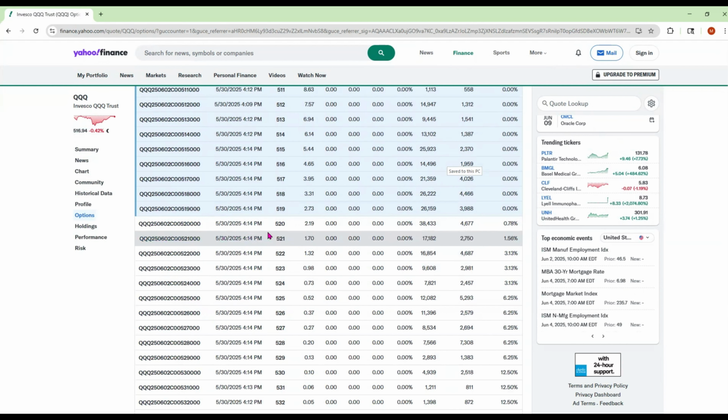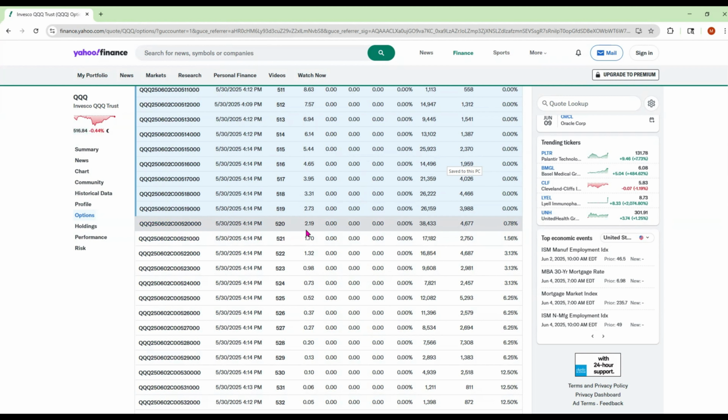So we closed at 519. When it opens, this line is going to change. But once again, QQQ 2025, June 02, is a call. Price is 00520 and a bunch of zeros, so that's $520.